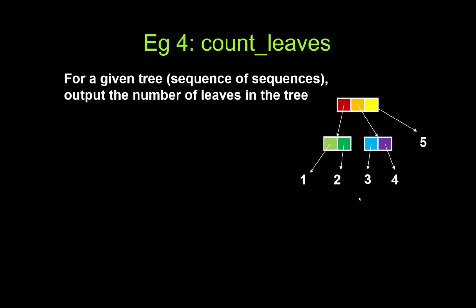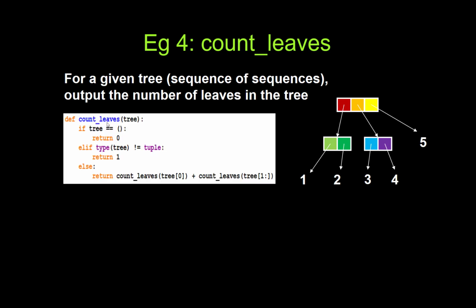Since a tree is a recursive structure, it is very natural that we write a recursive algorithm for it. The recursion looks like this: as long as a tree still has subtrees, we recurse into it until we see leaves. And then each time we encounter a leaf, we add 1, 1, 1, 1, 1 to get 5 in this case.